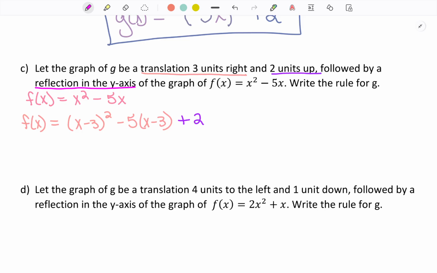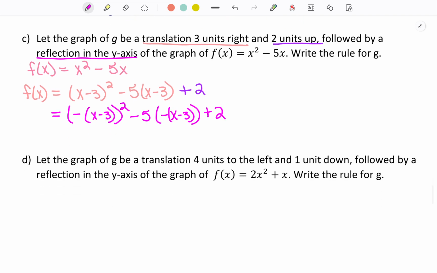So what we're going to have to do is take that negative and put it in front of everything inside the parentheses. So we've got a negative 5 and then minus x minus 3 and plus 2.